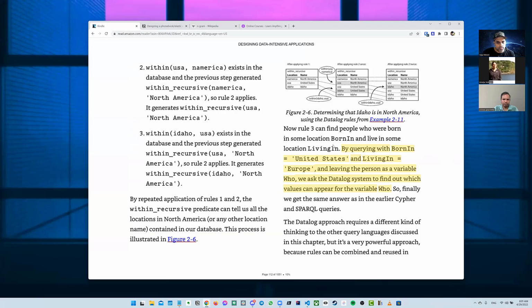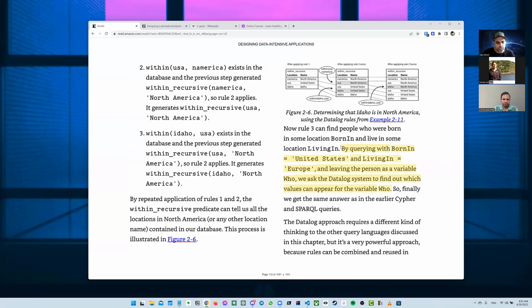Yeah, I think this first starts off by looking at, within the continent, North America. And then I guess, yeah, you're right. I think this example is just seeing that Idaho's in North America using DataLog rules.